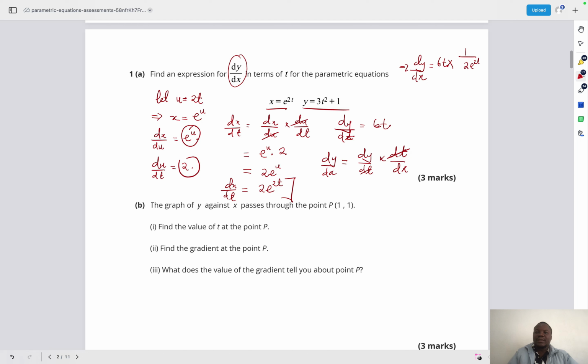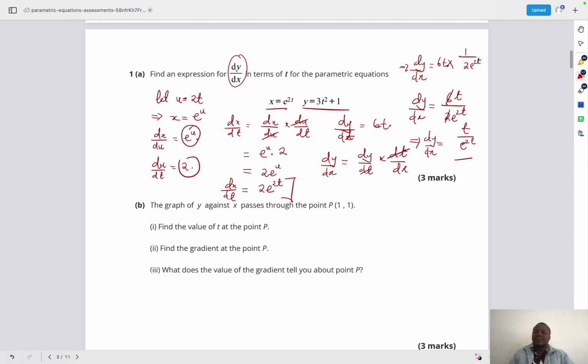2e^(2t). If we do that, we get dy/dx equal to 6t over 2e^(2t). Now if we simplify this, we should be able to cancel the 2 and the 3 and just get a final answer of dy/dx equal to 3t over e^(2t).